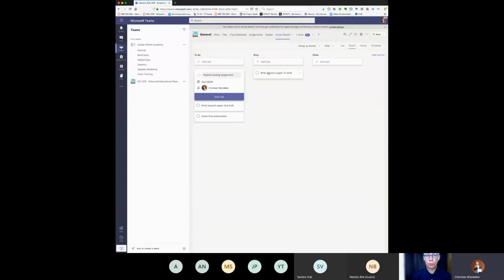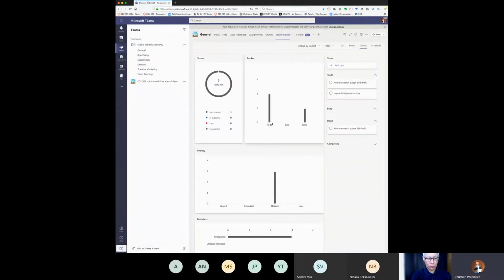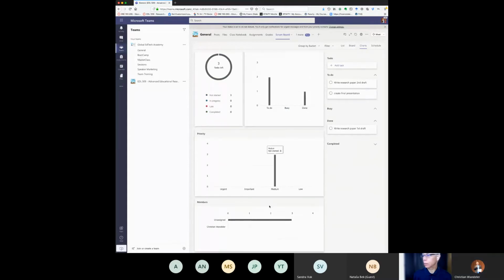Okay. When I'm done, I can move it to done. Right? And I can actually look at charts that show me how much is in the to-do still and how much is done, for example. Right. And you can even see who is doing what and who's getting their stuff done.